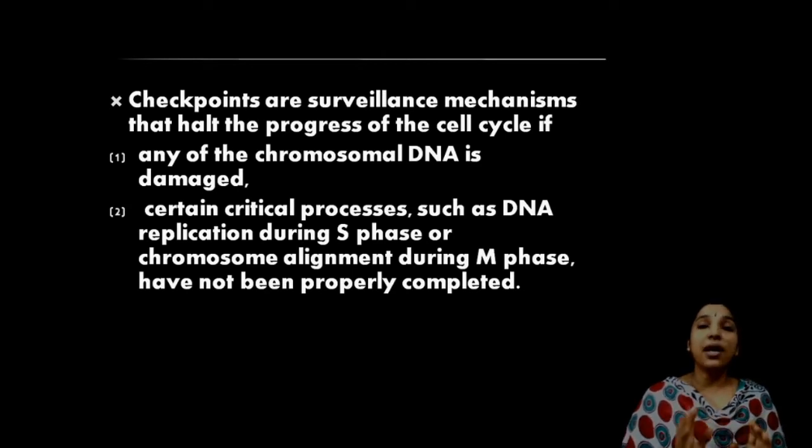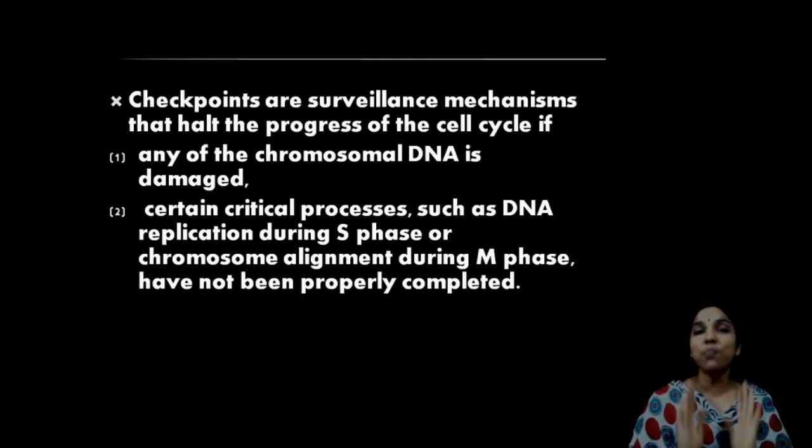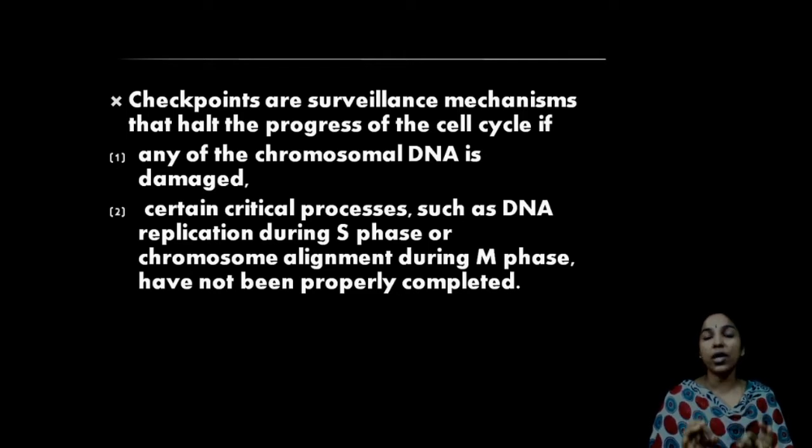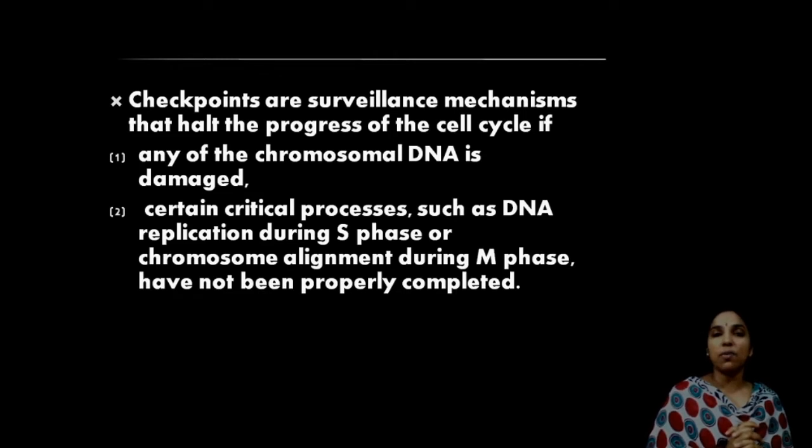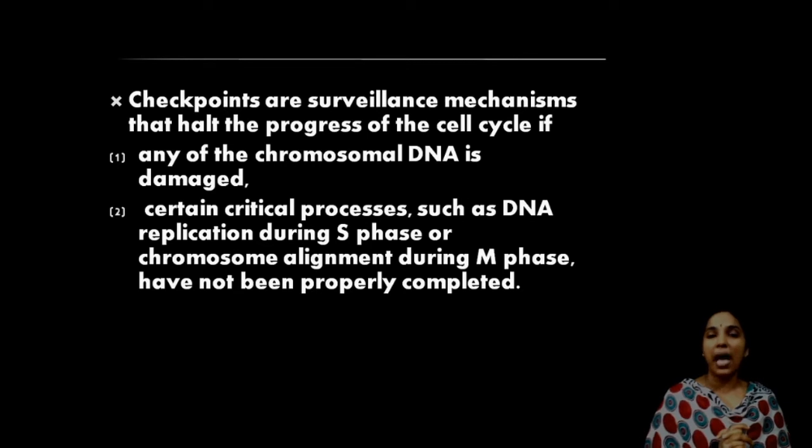Now there are certain checkpoints in between these different phases, and these checkpoints are surveillance mechanisms that halt the progress of the cell cycle. If any of the chromosomal DNA is damaged, by mutation or otherwise, or replication in the S phase is incomplete, or chromosome alignment in the M phase is not proper, these checkpoints control what happens.